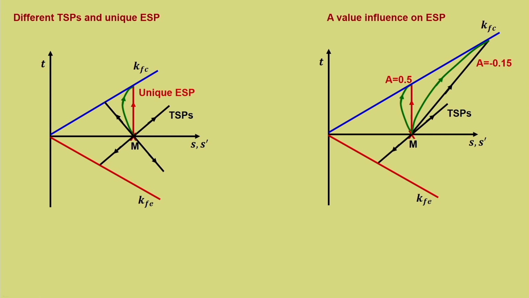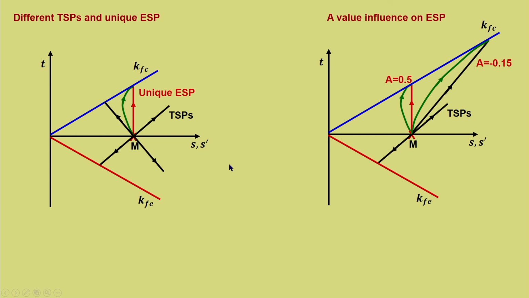In that case, the effective stress path moves in the rightward direction and touches the failure envelope. Now, if it is a different value of A, then we will see that this effective stress path will move leftwards. So, these are the different cases of how the A value would influence the effective stress path. More or less we have discussed all the different aspects of stress path for undrained testing.